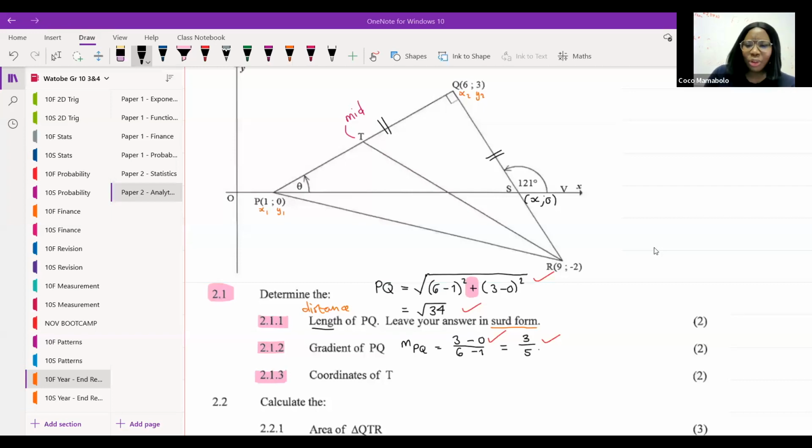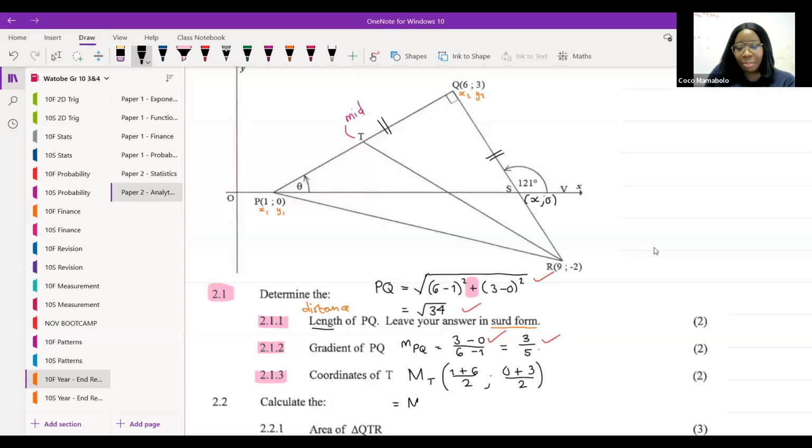Correct, beautiful. It's the midpoint. And we have the formula for the midpoint. We've already named our two sides x1, y1, x2, y2, so we just substitute into the formula. The midpoint of T is open bracket, x1, which is 1, plus x2, which is 6, over 2. And on the other side, y1 is 0, plus y2 is 3, over 2.